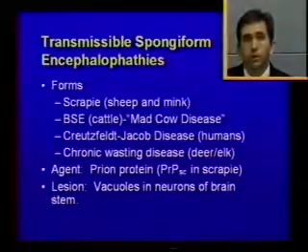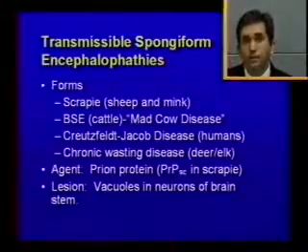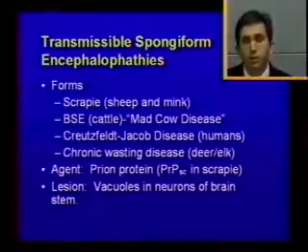and other areas of the world, causing the disease known as mad cow disease, or BSE, bovine spongiform encephalopathy. It's very, very closely related to scrapie, and scrapie is present in the United States, but BSE apparently is not.